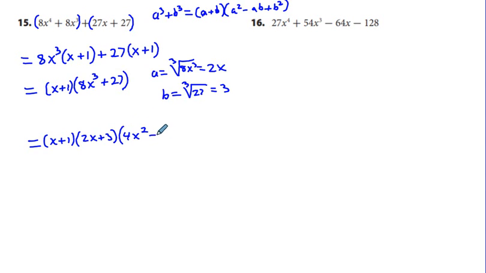And it's going to be minus ab, which is going to be 2x times 3, or 6x. And finally, plus b squared, and b being 3, 3 squared is 9. And when we do a difference or sum of cubes, this last quadratic trinomial here is irreducible. So this is going to be our fully factored form for problem 15.